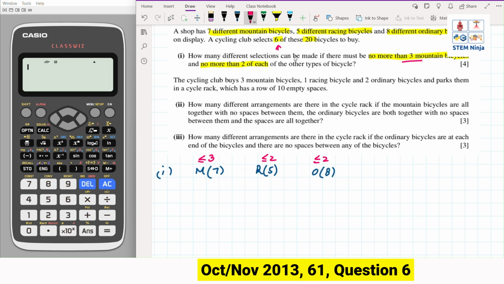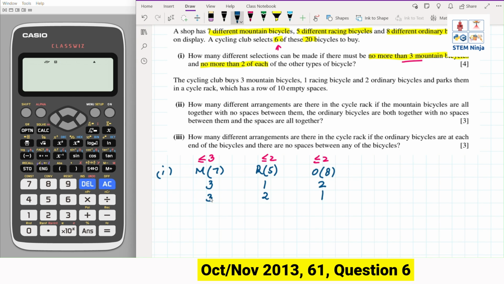All right. So let's start with 3 for mountain and 1 for racing, 1 for ordinary. We can alternate that also. 2 for racing, 1 for ordinary.